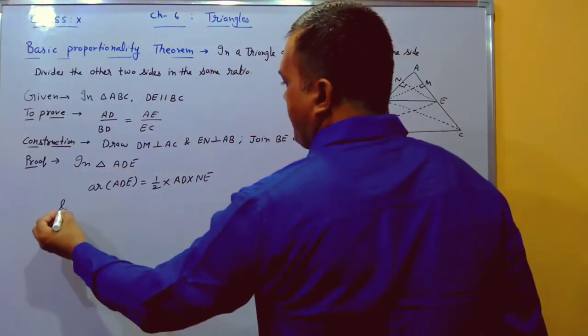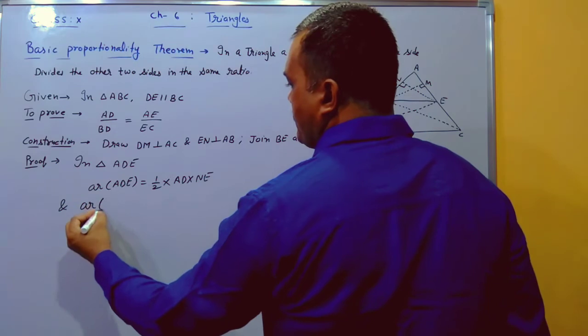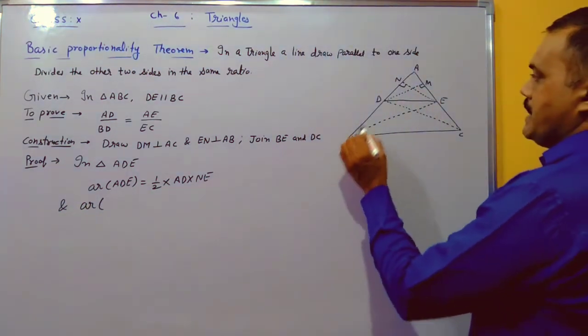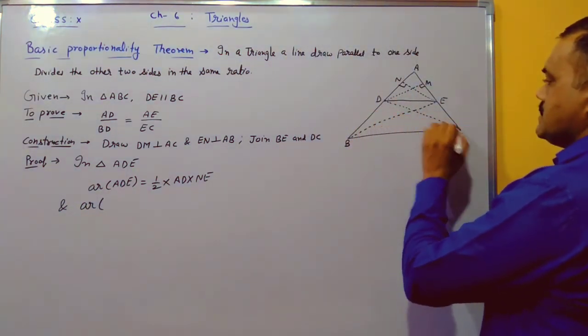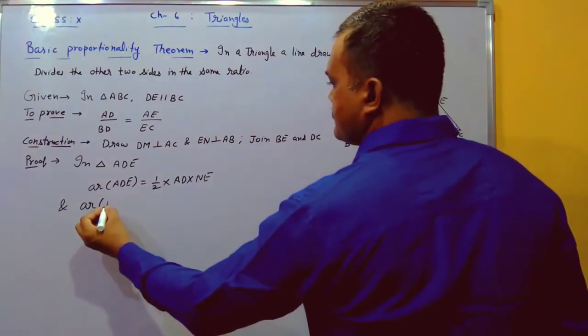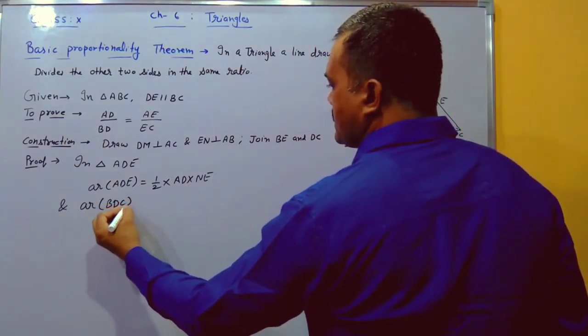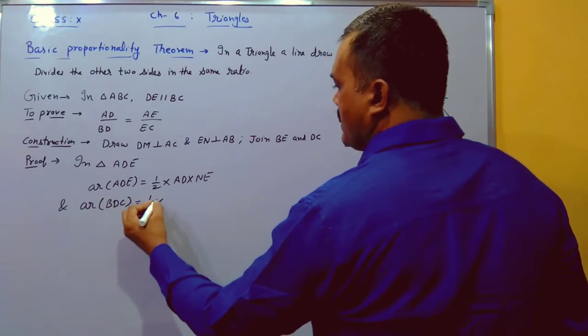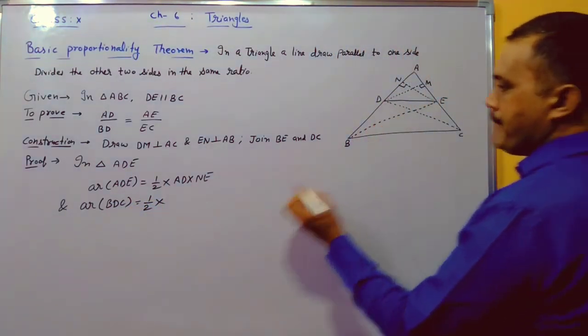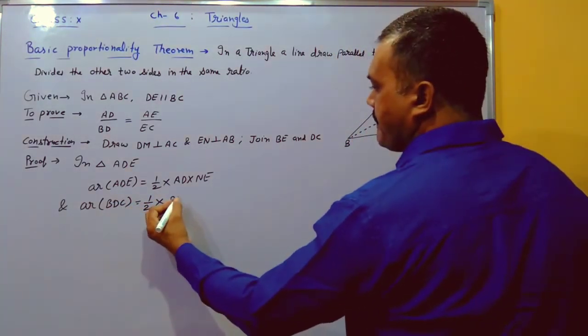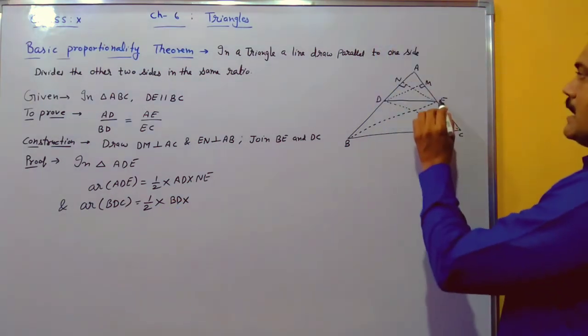And area of this BDC is also half into base, this BD, and perpendicular again this NE.